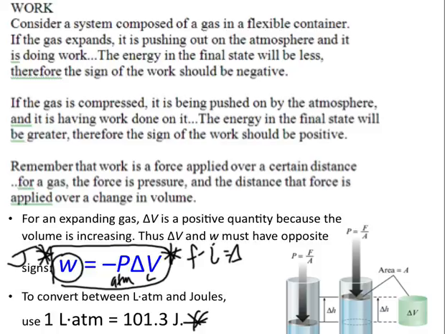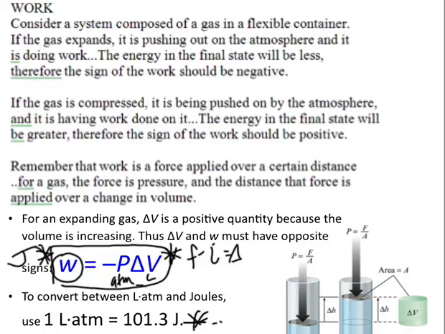Someone asked me if you needed to memorize this. I need to go look at a few years back tests. I don't remember if we had y'all memorize this in the past, and I will find out shortly. But converting these liter atmospheres to joules is using 101.3 joules per liter atmosphere. Okay?